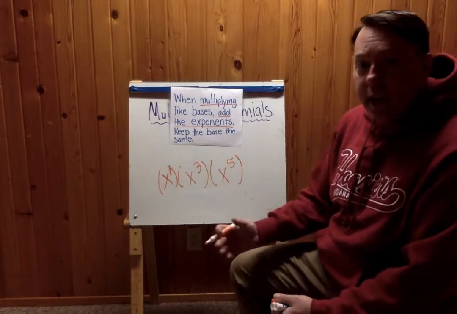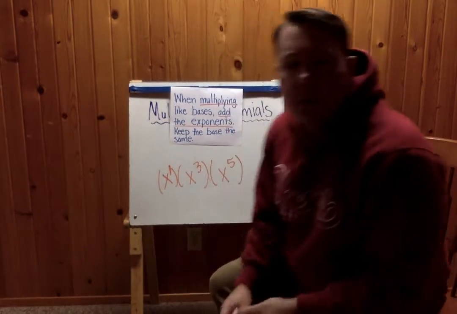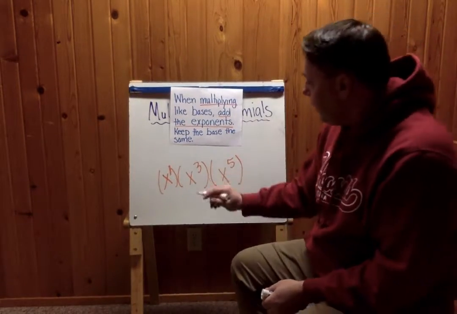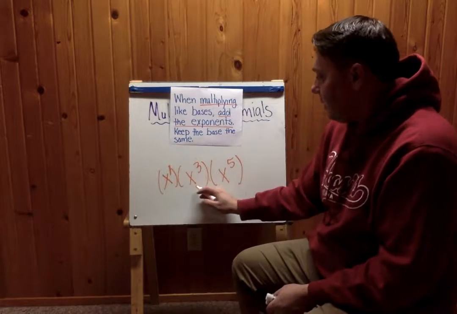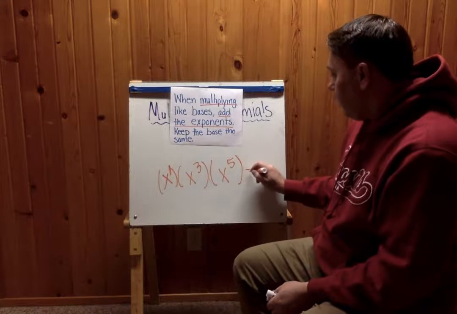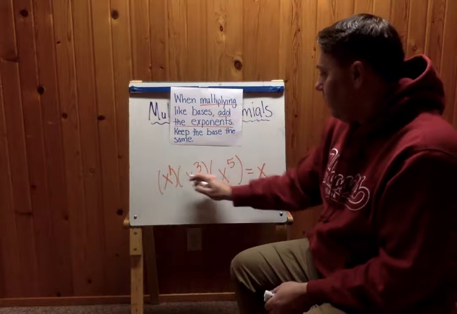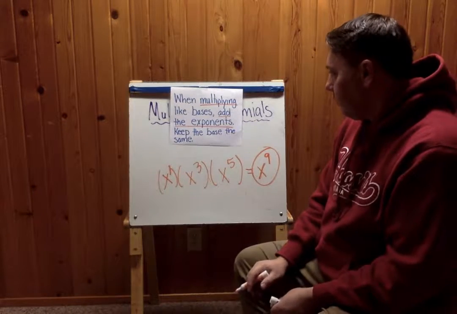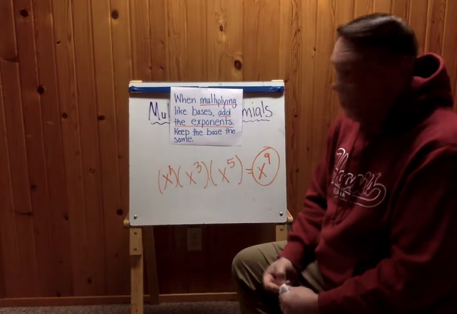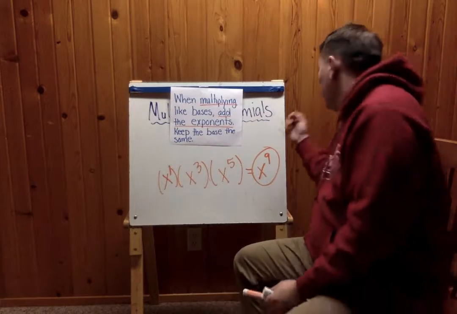So if there's not an exponent, you can tell that it's going to be a 1. And so then you add all of the exponents together because the bases are alike. So x to the 1 plus 3 is 4, plus 5 is 9, x to the 9th. So this is a rule for when multiplying like bases.